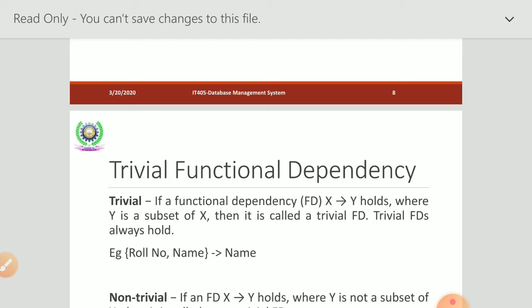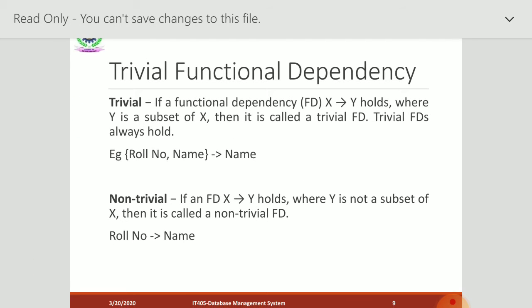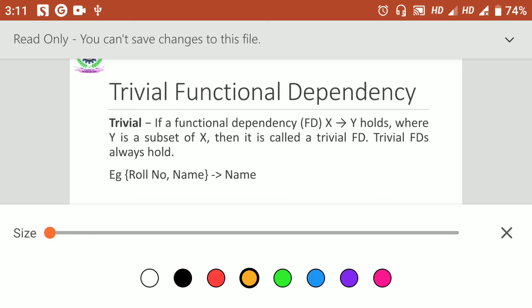In this example, roll number is uniquely able to determine name, and if we add name with it, it's no use, so it is trivial. Trivial means the intersection of the left hand side and right hand side is not phi. If we calculate the intersection of X and Y, it will not be phi.